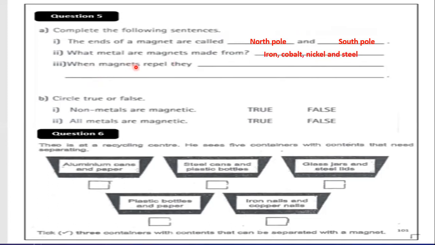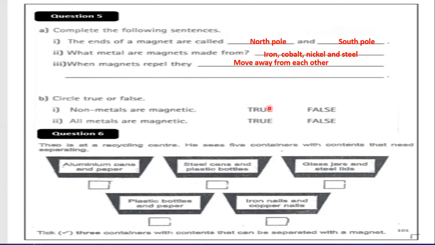When magnets repel, do they get attracted to each other, or do they move away from each other? Yes, you were right. They move away from each other. B, circle true or false. The first one says non-metals are magnetic.